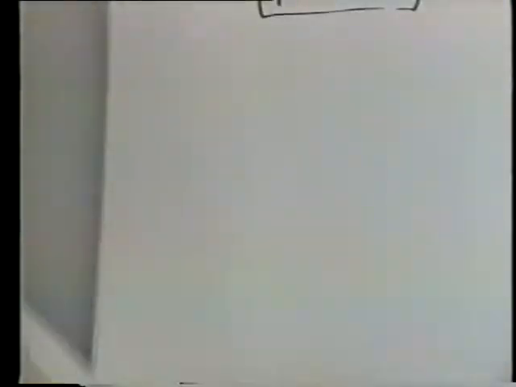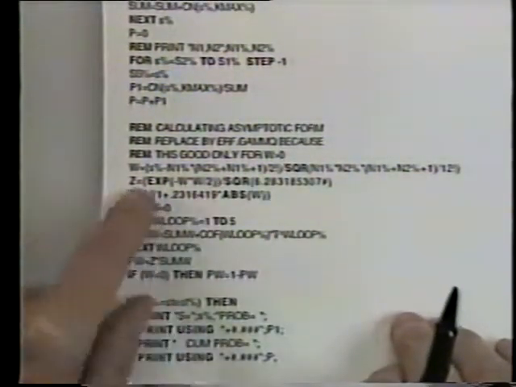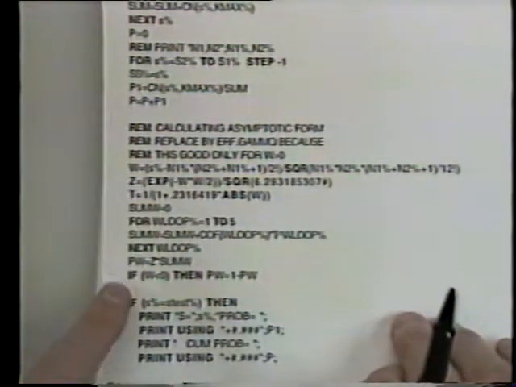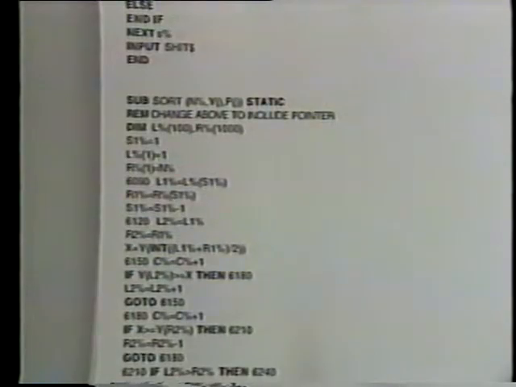Then it starts these loops and iterates some things, and continues those loops a bit more. Then it calculates the asymptotic form: it calculates the z and estimates the probability from that. And to find the median, it has to do a sort.